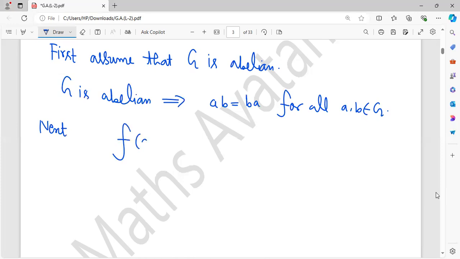F of AB is equal to, what is this? AB is the element. I am taking the inverse here. So what is the inverse of AB? Always B inverse A inverse. But G is abelian.